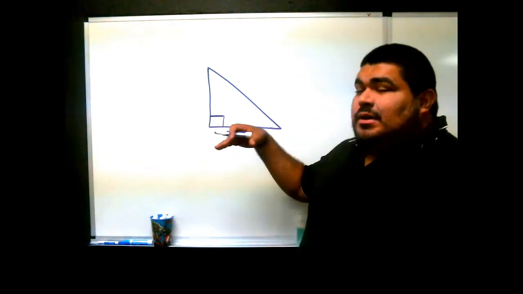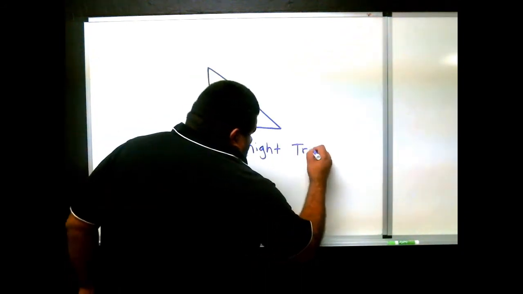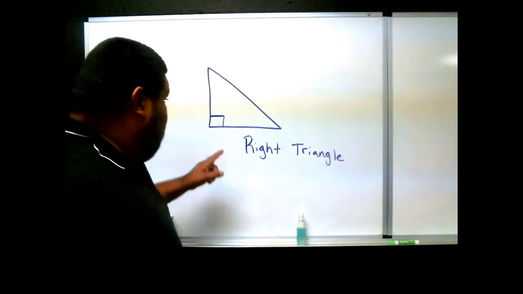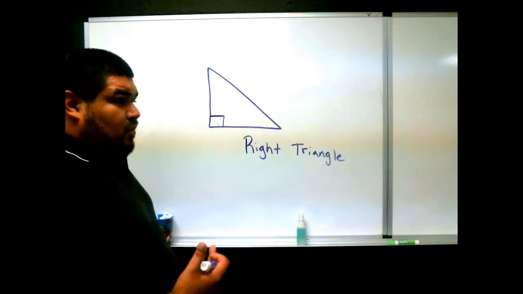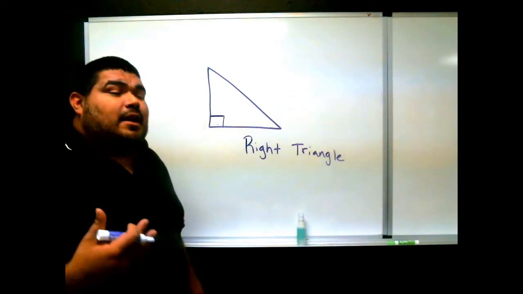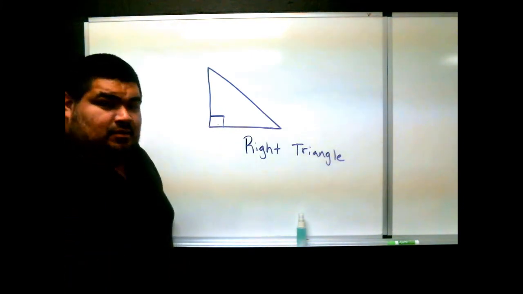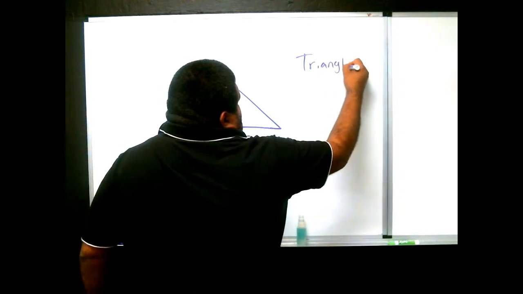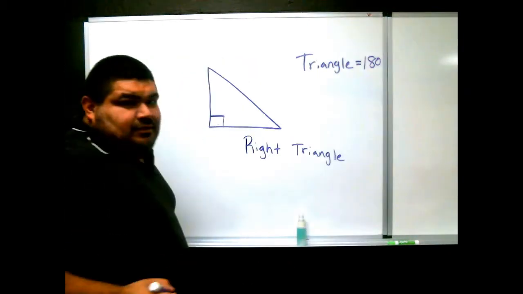Like I said, the reason it's called a right triangle is because one of the angles is 90 degrees, okay? The other two are usually just numbers that, when you add all three together, equal 180 degrees, because a triangle equals 180 degrees, okay?